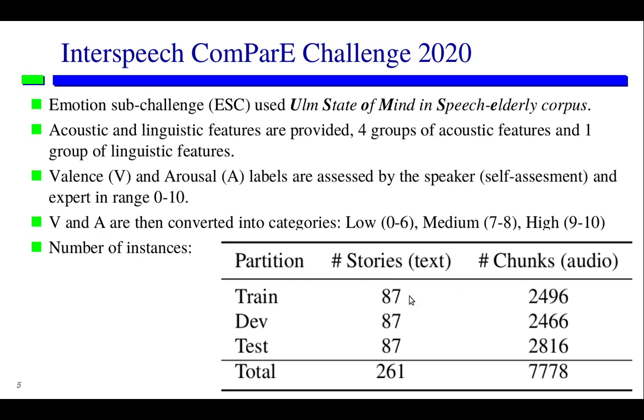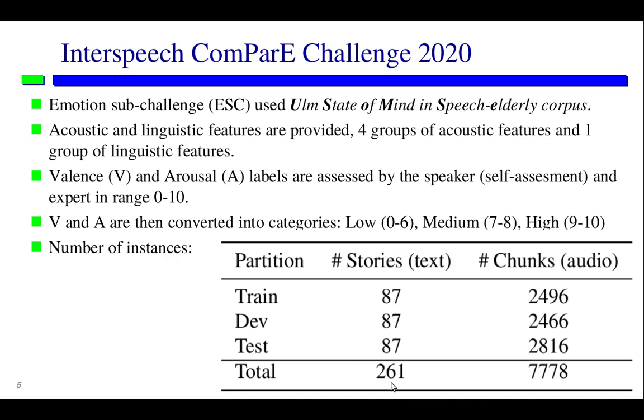One story consists of, for example, 40 chunks. So a chunk is part of a story. One story consists of many chunks. So the audio is given in chunks, and the text transcription is given in stories. So it's a different level of processing.